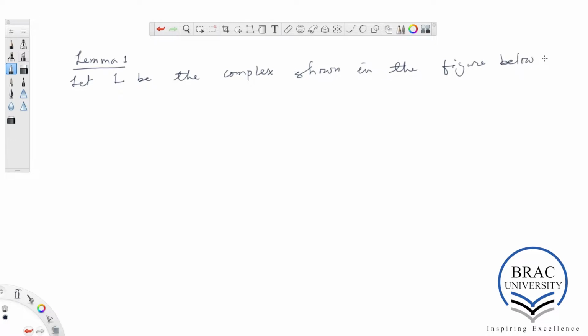It refers to the following figure on the left. There will be two figures drawn, so let me draw these two figures. There is a complex here whose underlying space is a rectangle.